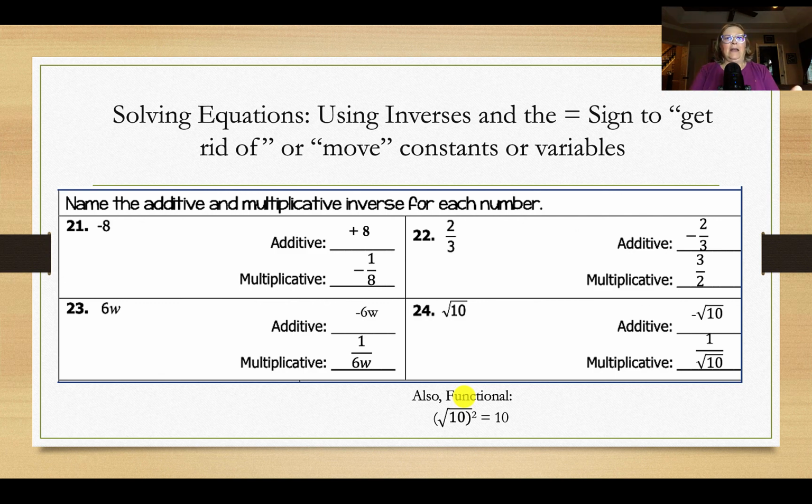So if I had a 10 and I took the square root of it and I want to get back to my number 10, then the functional inverse of that square root is a square. So that's an example of where we're going to go this year and also next year, with higher order kinds of functions than the simple algebra ones we've been working with up till now.